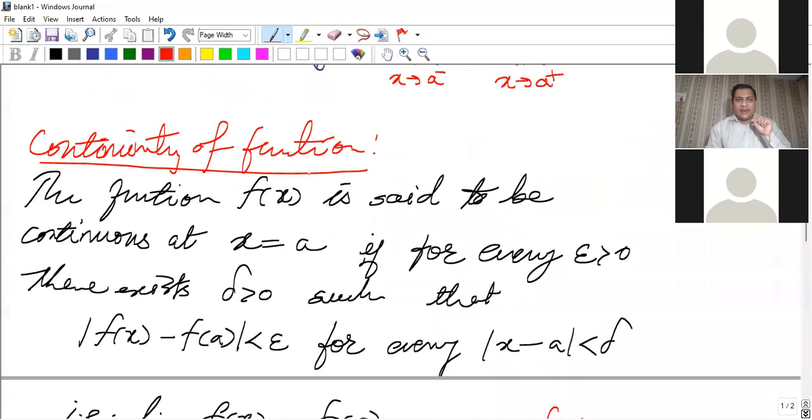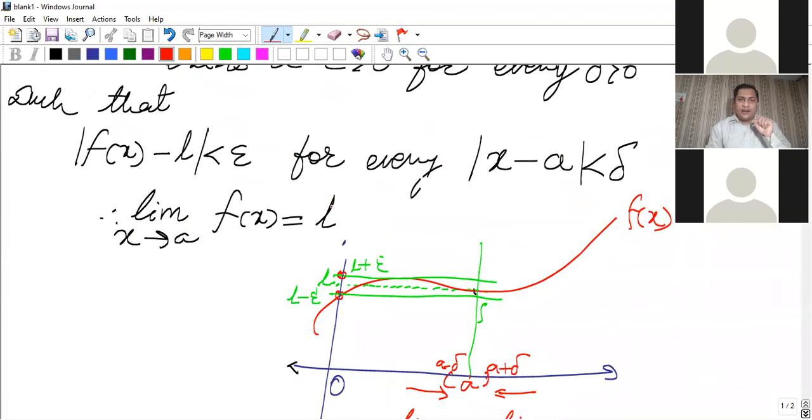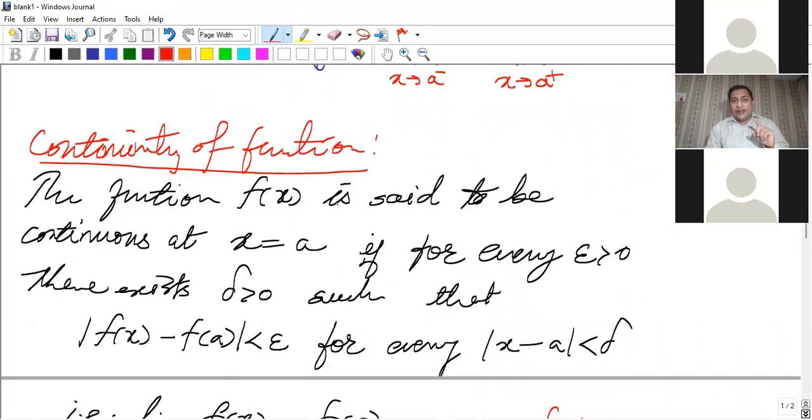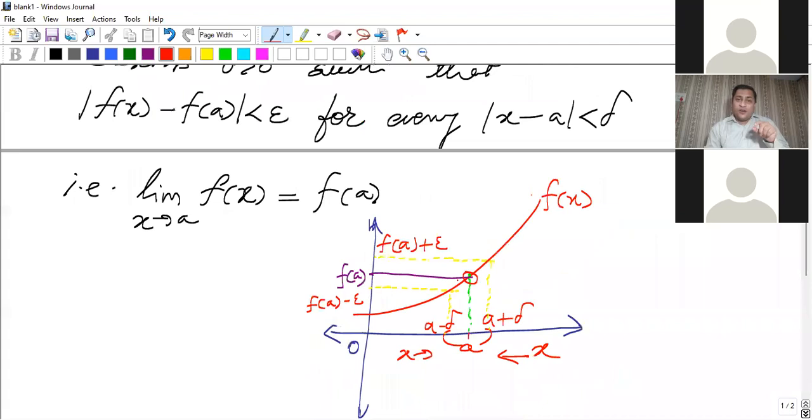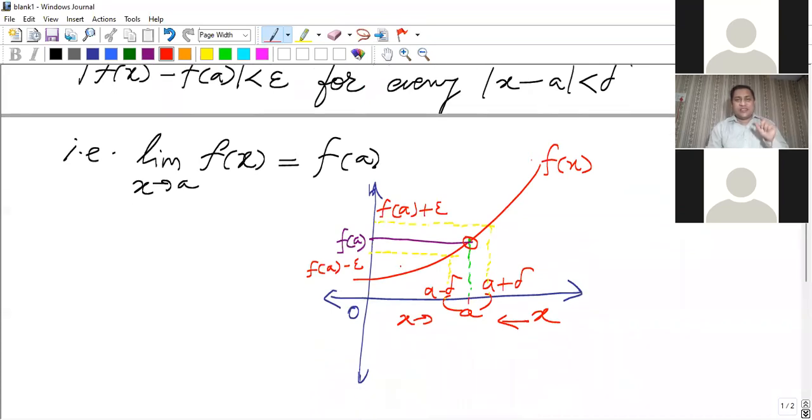In the limit, we get a constant value L, so every limit is approaching that value. But in continuity, it is approaching the function value. That is the minor difference.